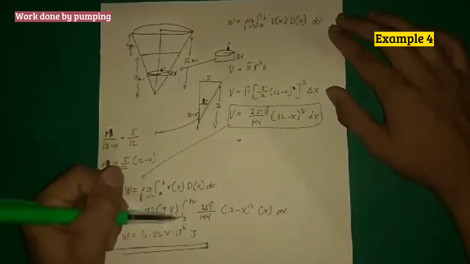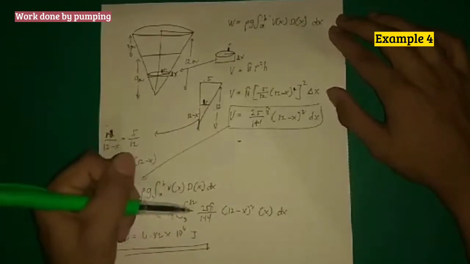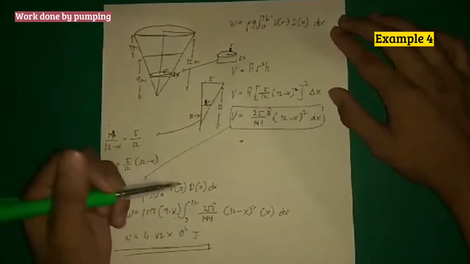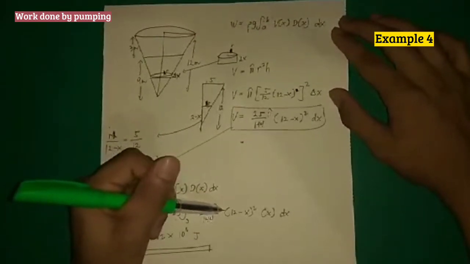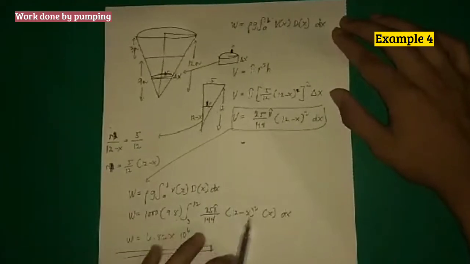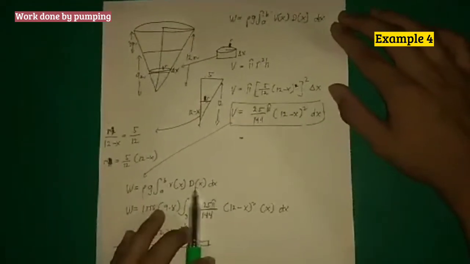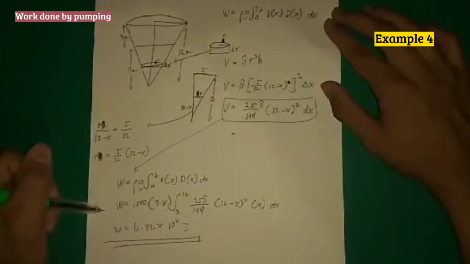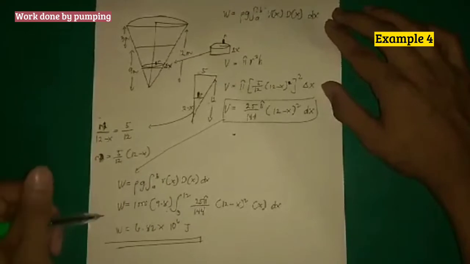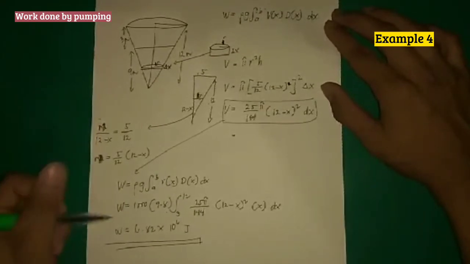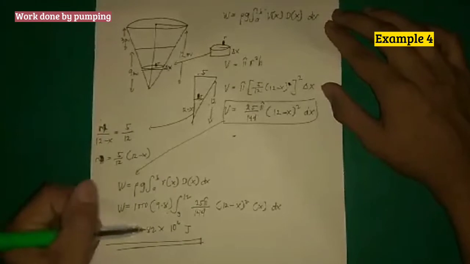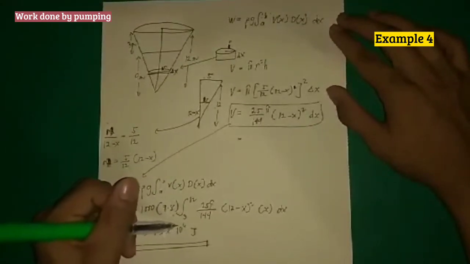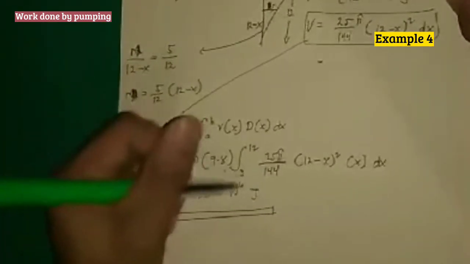Definite integral from 3 to 12, 25 pi over 144 times 12 minus x squared. So this is the volume. And the distance dx is x since it is not given. And after you calculate it in a calculator, the final answer will be 6.82 times 10 raised to the power of 6 joules. So this is the final answer.